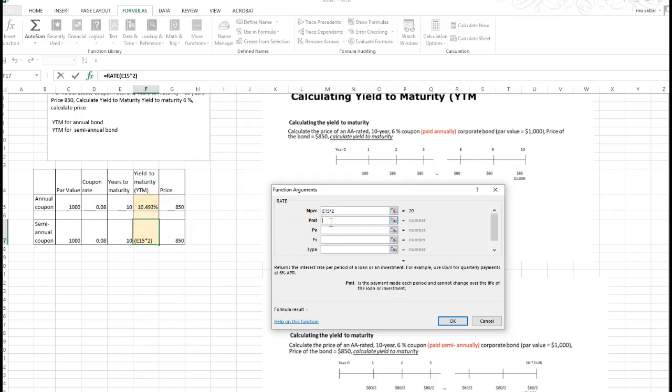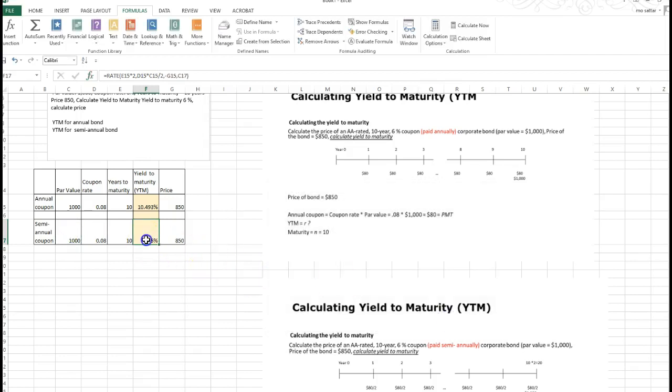PMT will be, again, the coupon rate times the par value, but this time, because it's semi-annual, we'll divide it by 2. Okay. Present value will be, again, a negative, minus sign, this cell over here. Future value will stay positive, this cell over here. And now we get a calculation: 5%.